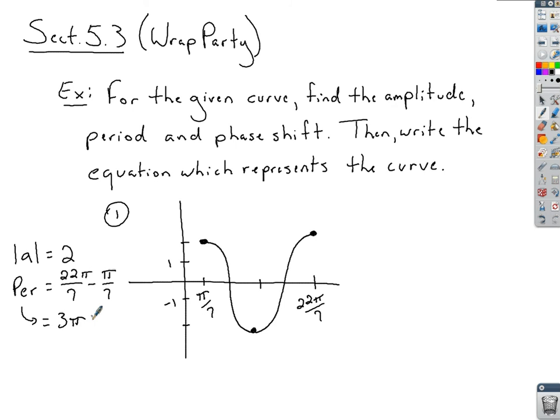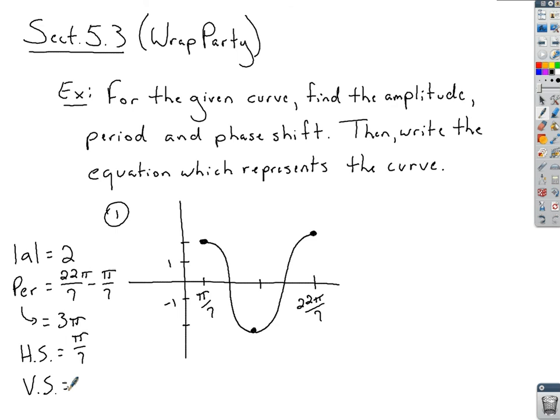We were on the phase shift, or the horizontal shift. The horizontal shift just marks where the graph's going to begin for one period. This graph begins at pi over 7. And even though I didn't include it in the directions here, if we discuss the vertical shift, this graph is not moving up or down, right?